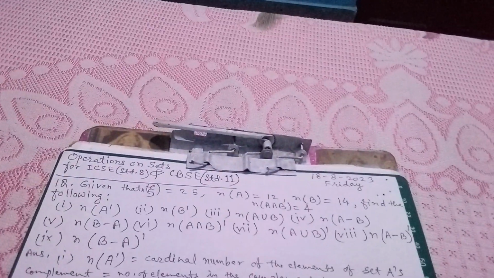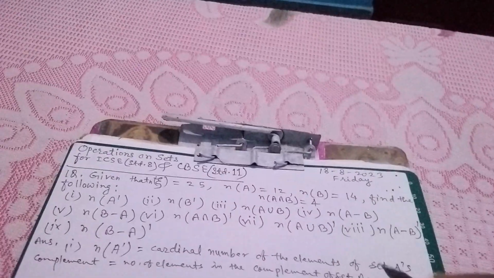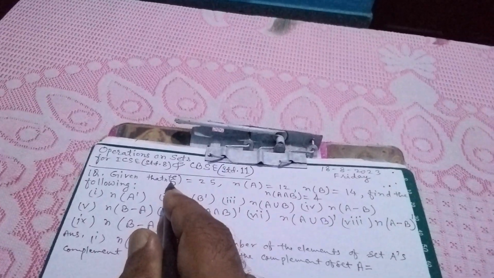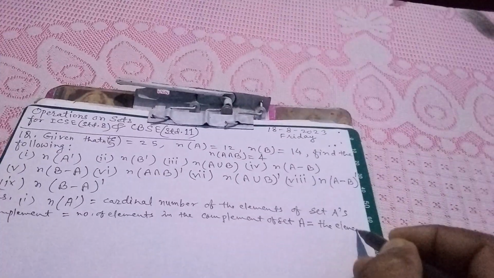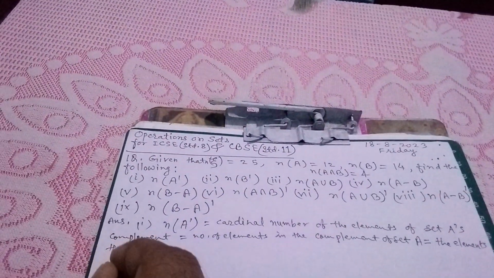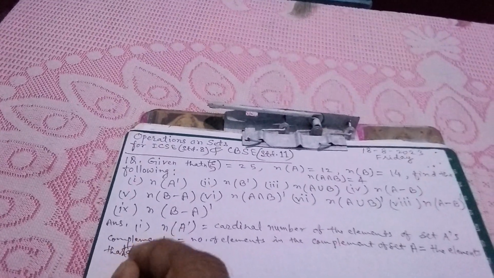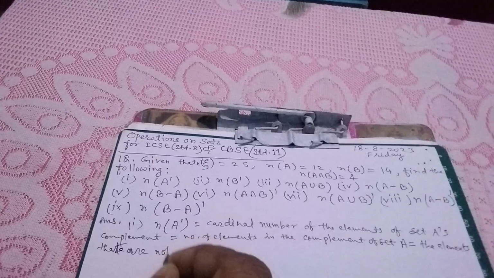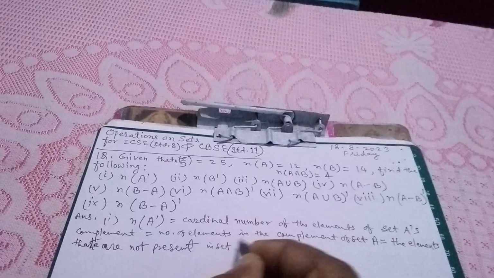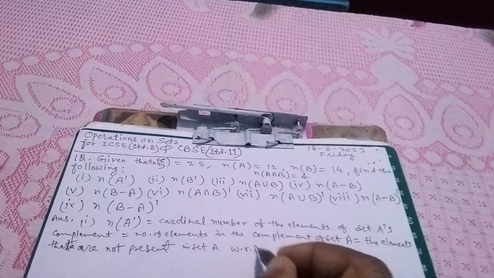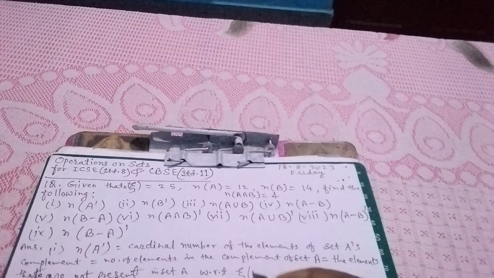So what does this mean? This means all those elements that are not present in set A with respect to epsilon, that is the universal set.